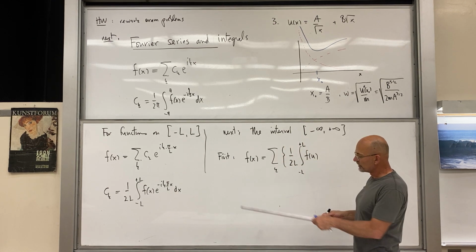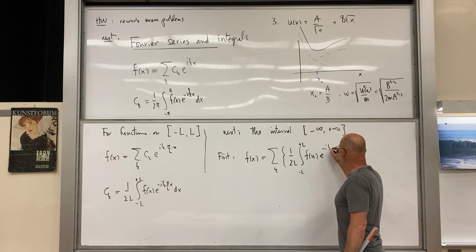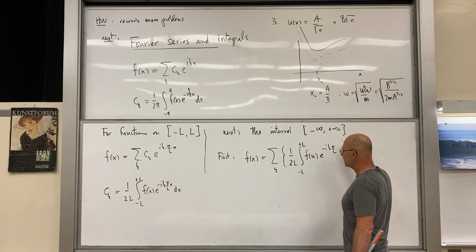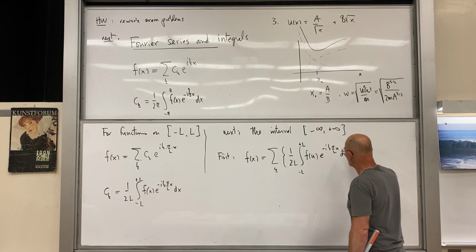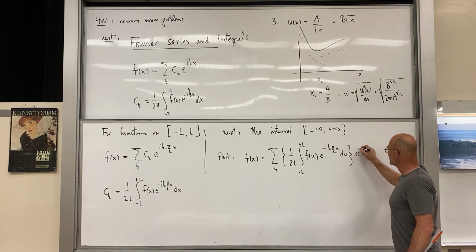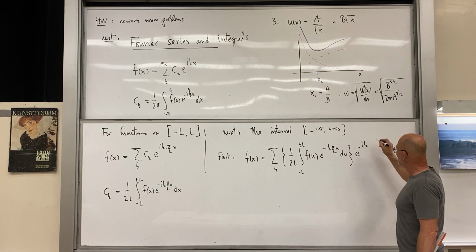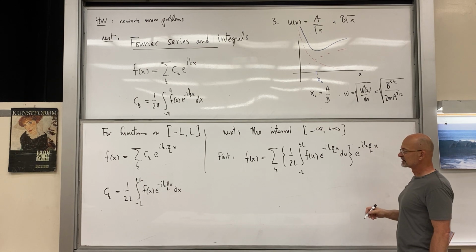Okay, it's all about the k right there. So f of u e to the minus i k pi over L u du. Okay, and then e to the minus i k pi over L x.